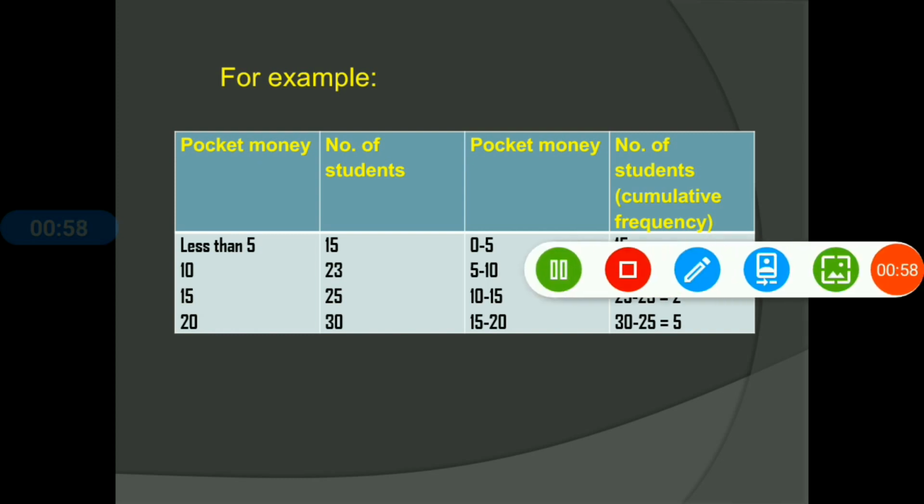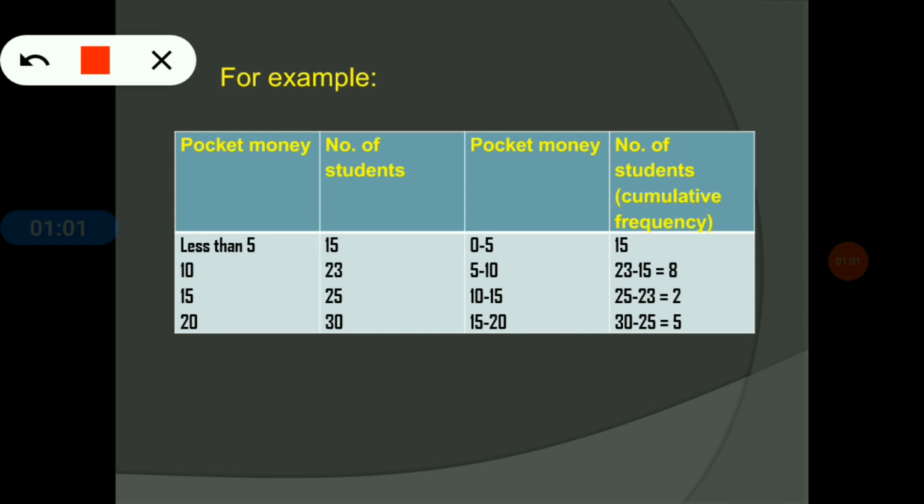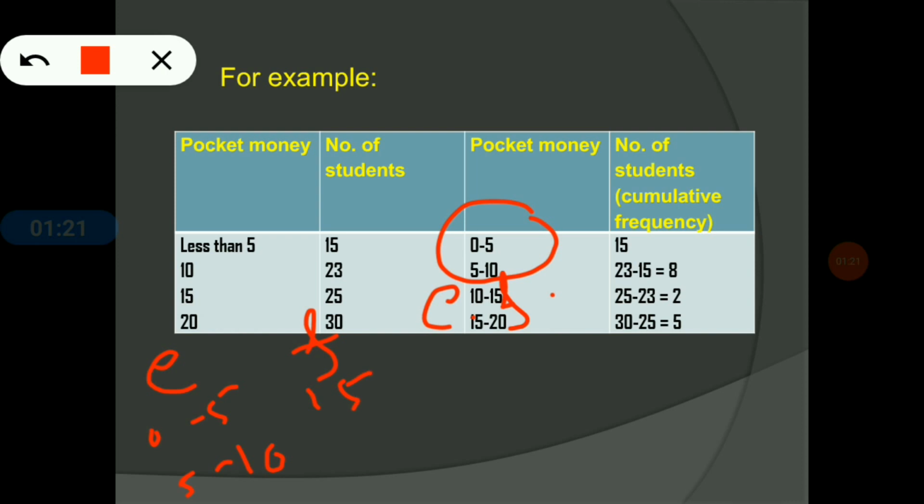There are three columns. The first one is class, the second one is frequency, and the third column indicates the cumulative frequency. We can take only the first two classes, 0 to 5 and 5 to 10. The frequency of the first class is 15, and the frequency of the second class is 8.